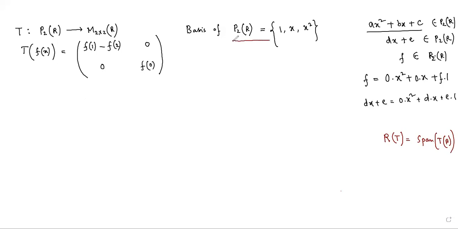In this problem, your P2R is V and your M2x2R is W. We need to find what happens with these elements. What are their images under the transformation? 1 is a polynomial, x is a polynomial, x square is a polynomial.